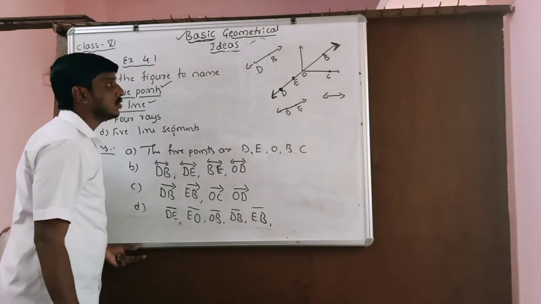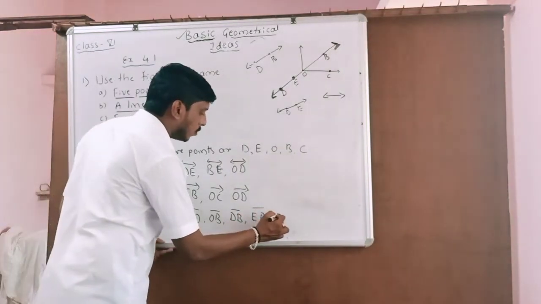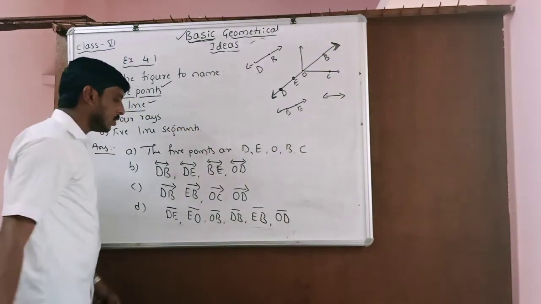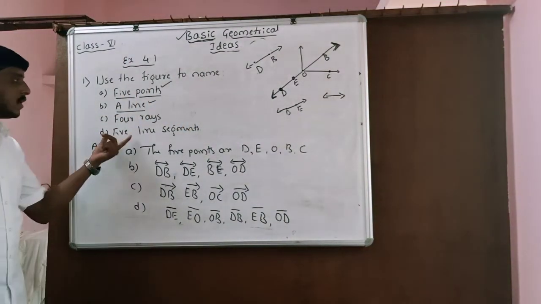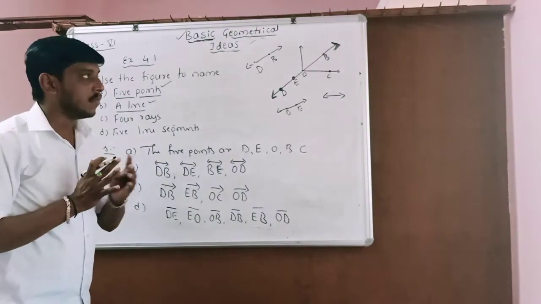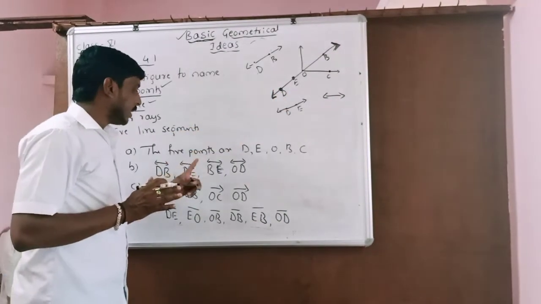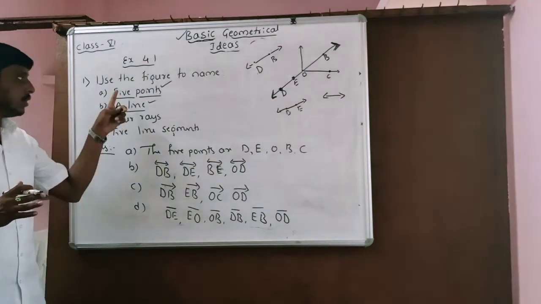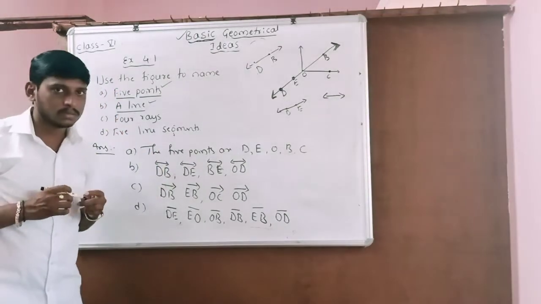And one more. So OD, O and D, this is also a line segment. How many did they ask? 5 line segments. So these are the possible answers. With the help of this figure, we can write the following question answers. Okay.